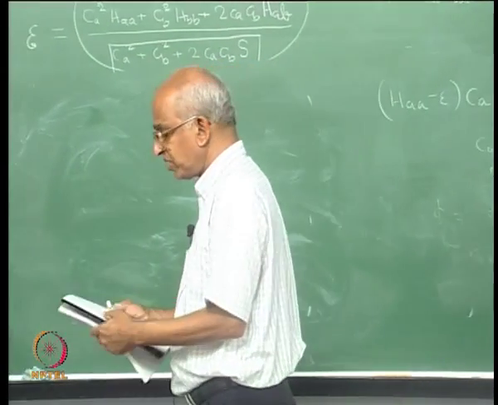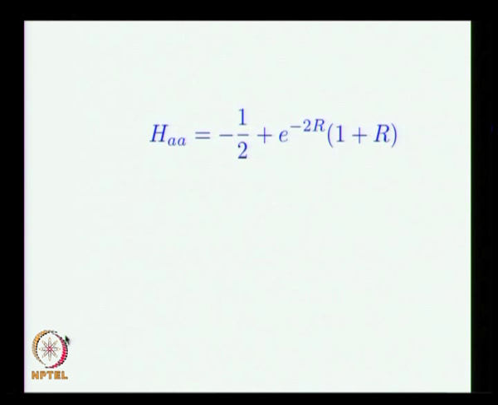It needs quite a bit of algebra. We will now look at the expressions for HAA and HAB. So, that will be the expression for HAA, and in this expression the R, of course, as you know, is the internuclear distance, and here is the expression for HAB.